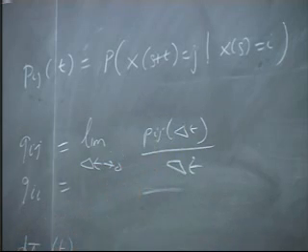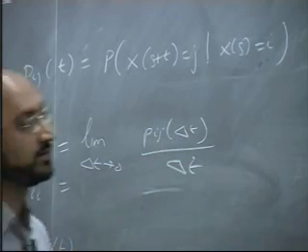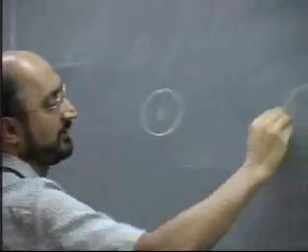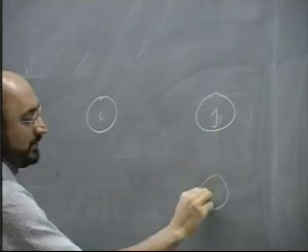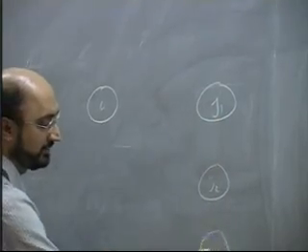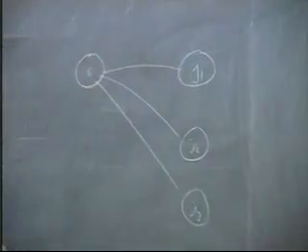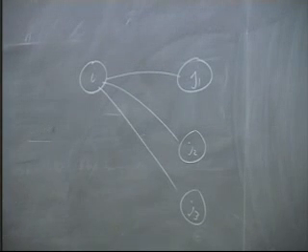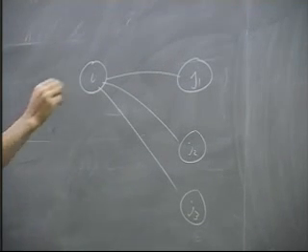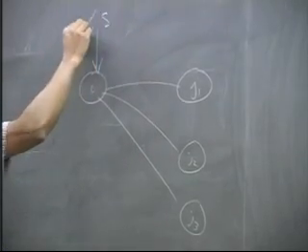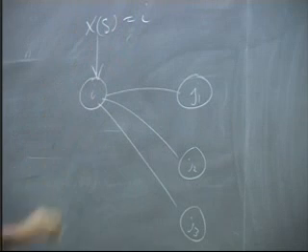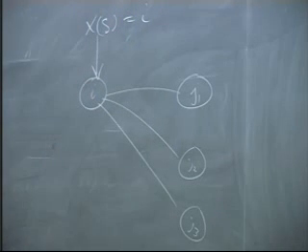Imagine that we are in some state i, and we have a whole bunch of states j. Let's call them j1, j2, j3, just for the sake of argument. From i, let us say we could go to 3 different states. So at some time s, X(s) equals i. That is given. The trajectory is fixed at time s. Now let's start moving time forward.